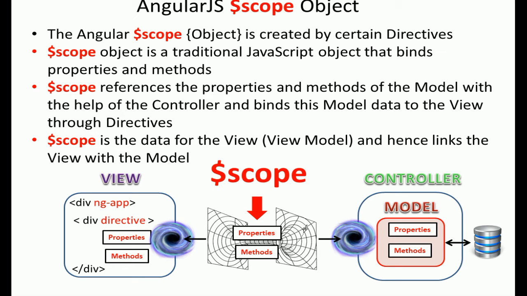It will also allow actions on the view side by the user to trigger methods that are exposed by the scope object and to also modify exposed properties. Scope is the data for the view and can be referred to as the view model, linking the view with the model.